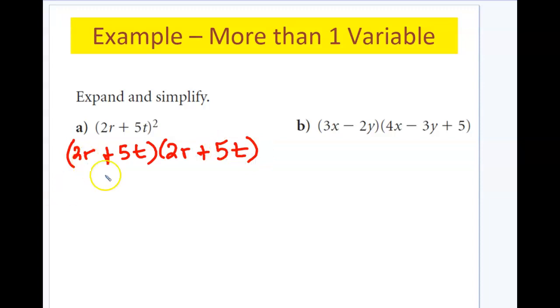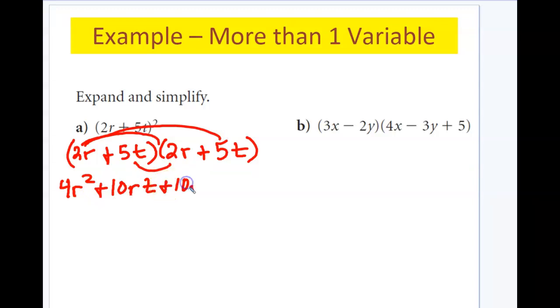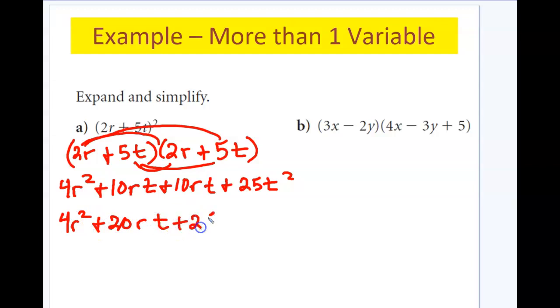So we do our foiling. 2r times 2r is going to be 4r squared. 2r times 5t is going to be 10rt. 5t times 2r will be another 10rt, and 5t times 5t is 25t squared. So this becomes 4r squared plus 20rt plus 25t squared.